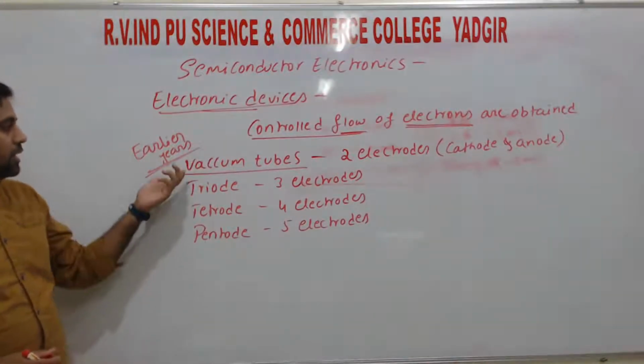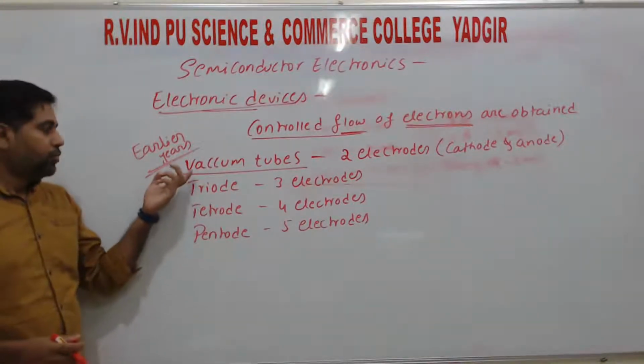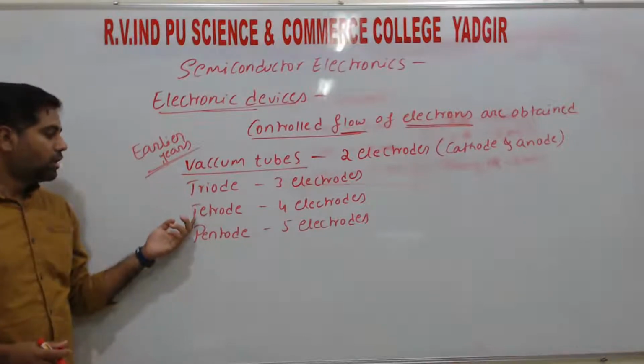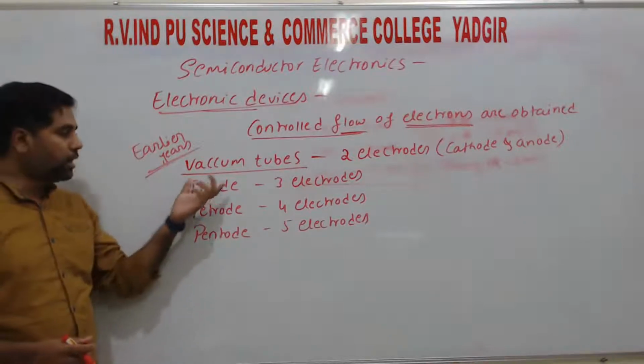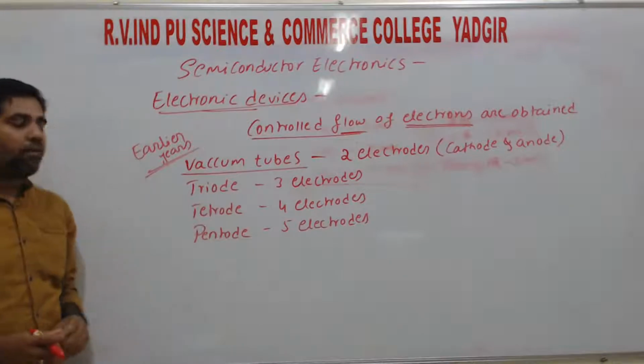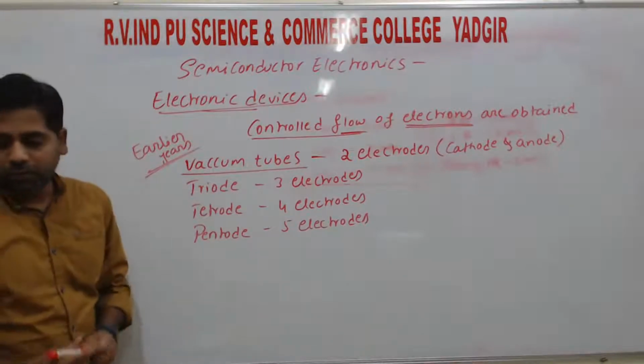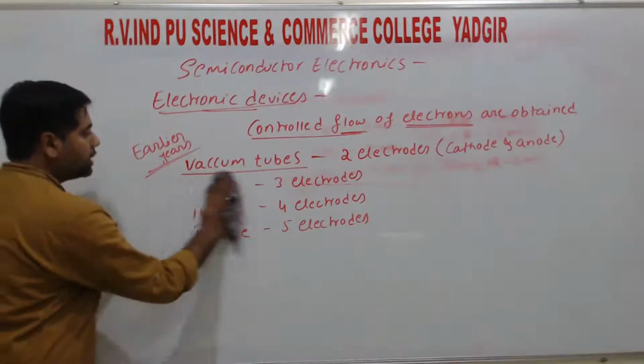So the devices in the earlier years were vacuum tubes, triode, tetrode, and pentode. Mainly we discuss the vacuum tubes.